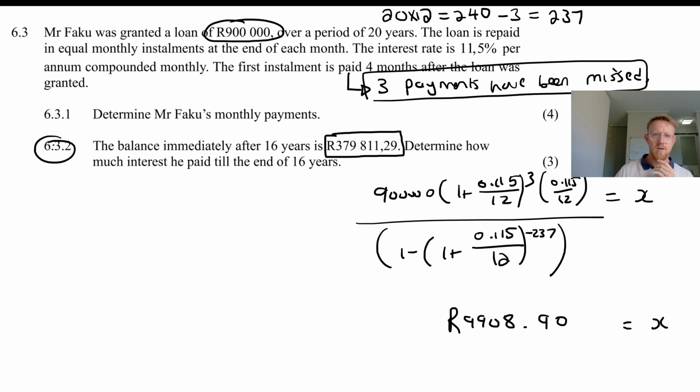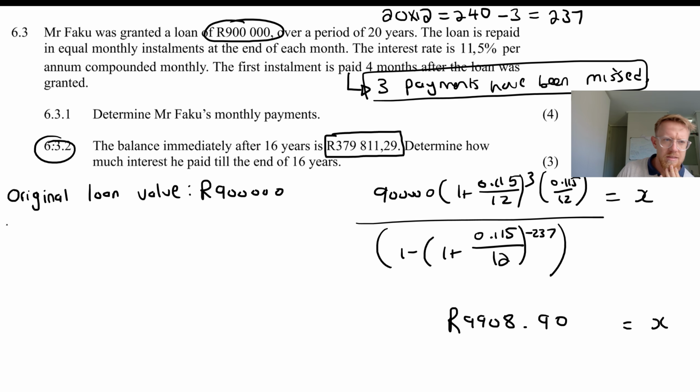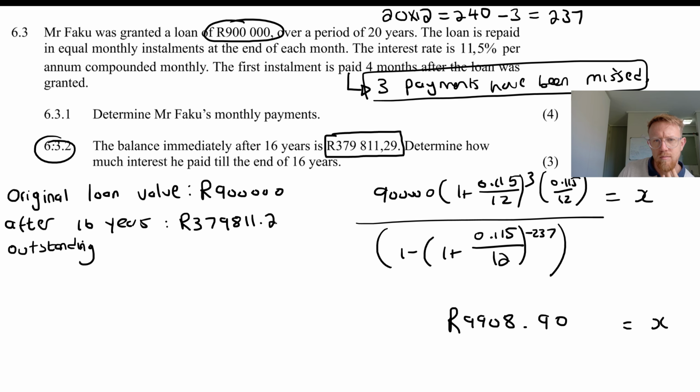Okay, so all that you need to go and do is the following. If we look at the original loan value, it is 900,000. Then after 16 years, the outstanding amount, or how much is still left, is now going to be 379,811.29.